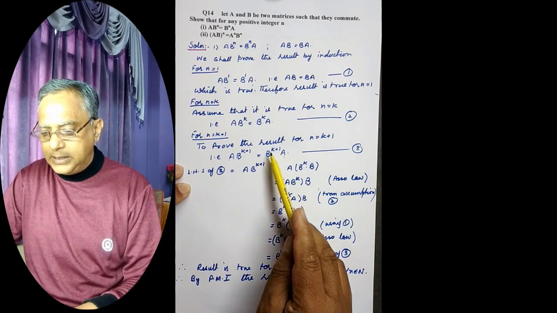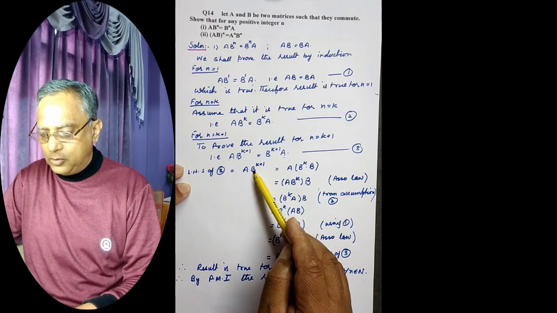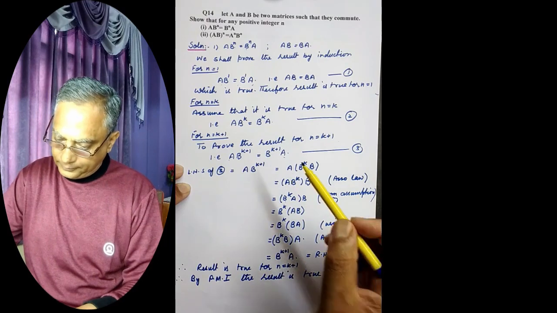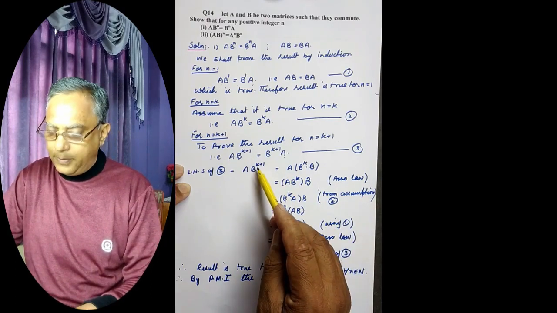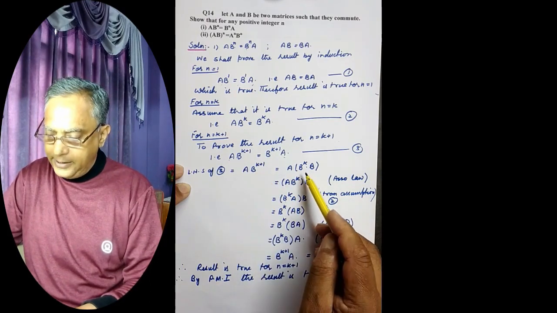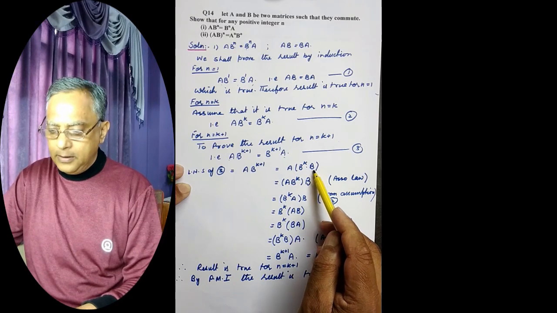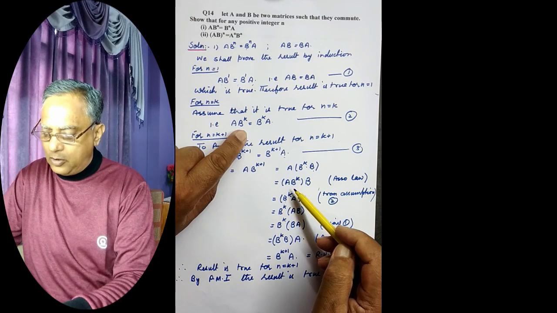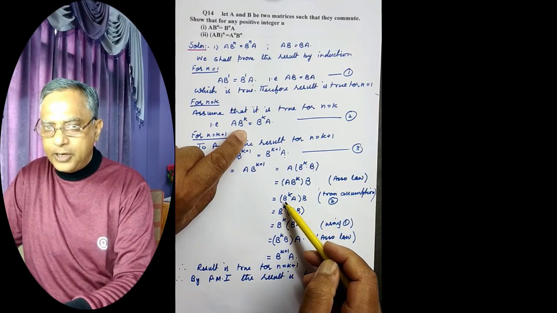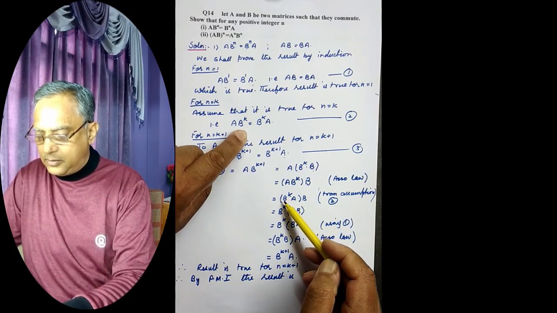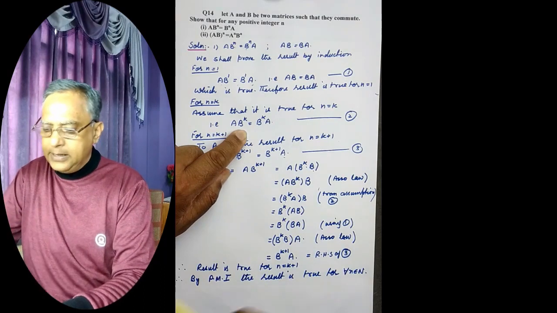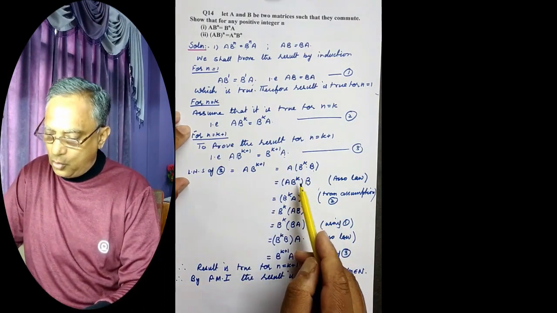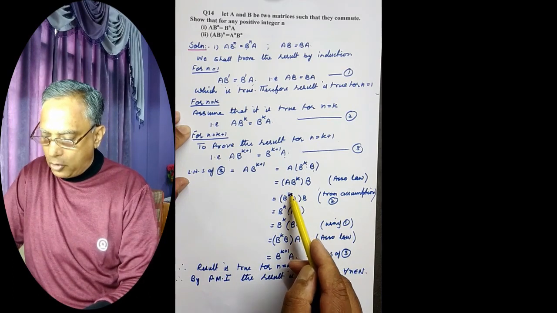So we have to change the sides of B and A. AB to the power of k plus 1 is A into B to the power of k into B. And from here, we know that A and B^k are commutative, therefore these sides can be changed.